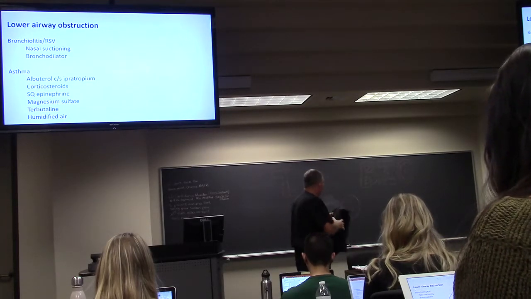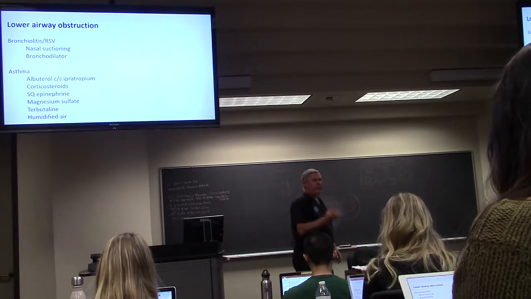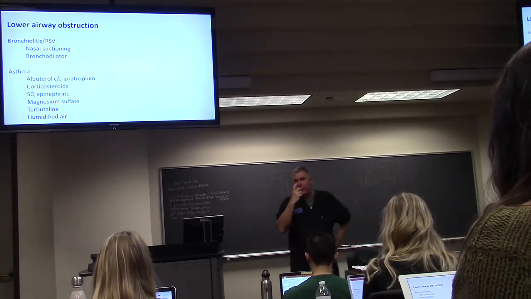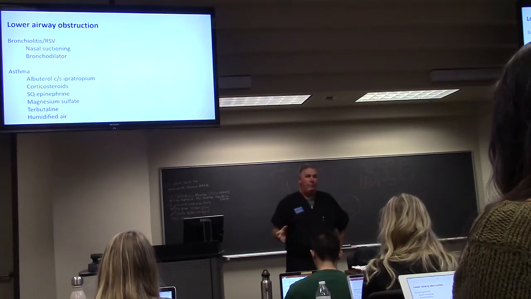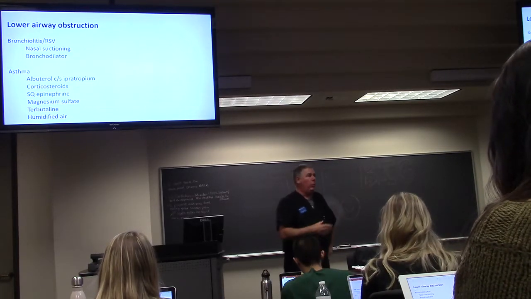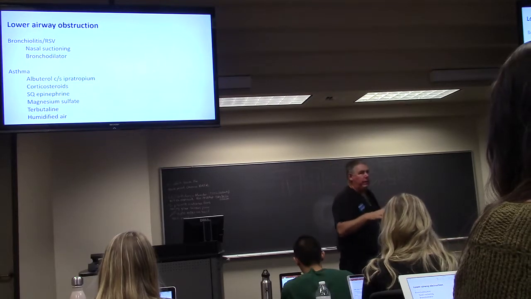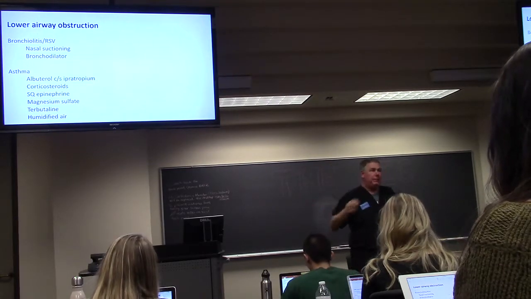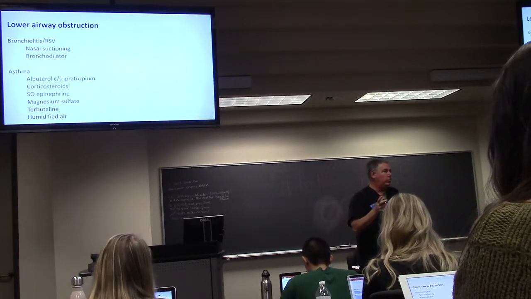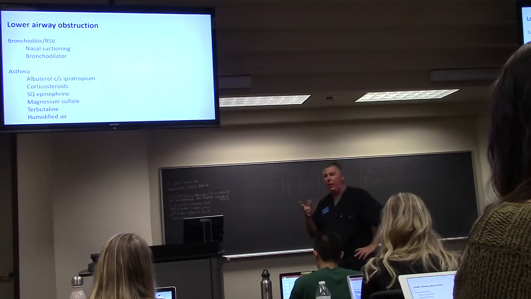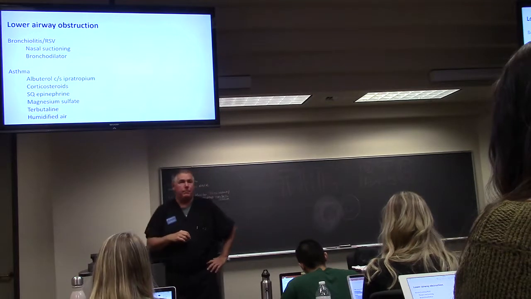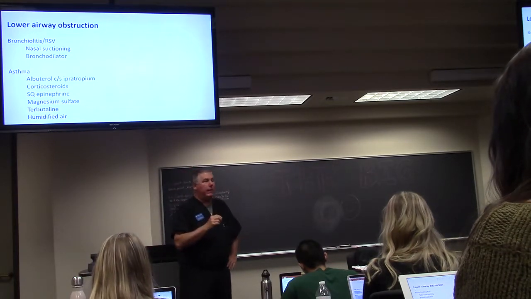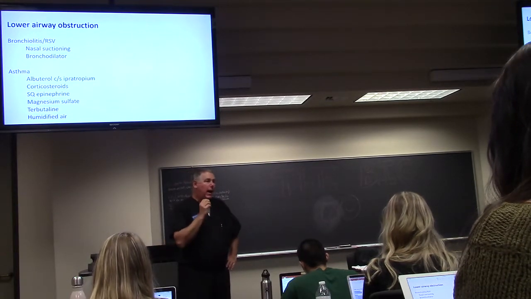In kids, the dose of albuterol nebulized is either 2.5 or 5 milligrams. If they're older than 4 or 5 years old, give them the 5 milligrams. There's actually a per kilogram dose. If they're infants up to about 1 or 2 years old, I just stick with the 2.5 milligrams. Atrovent, if they're kids, I always give them 0.5 milligram.